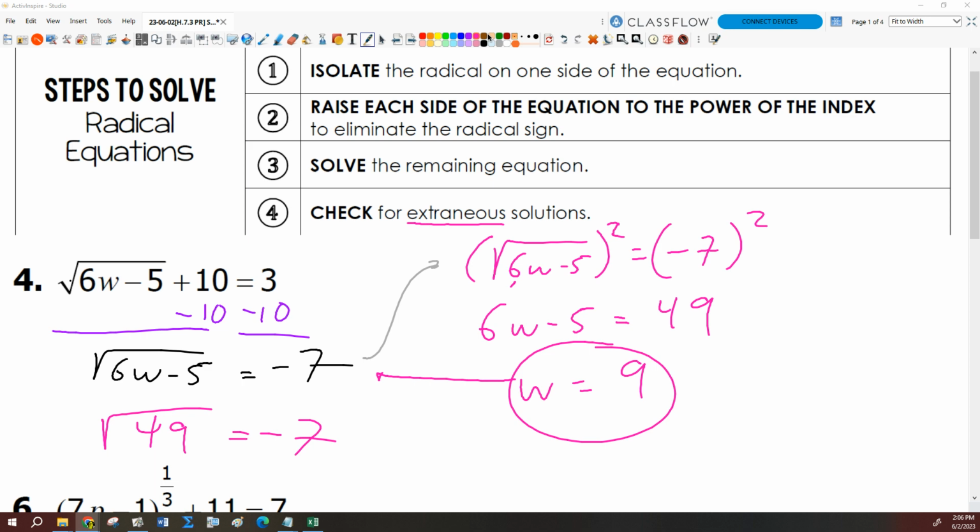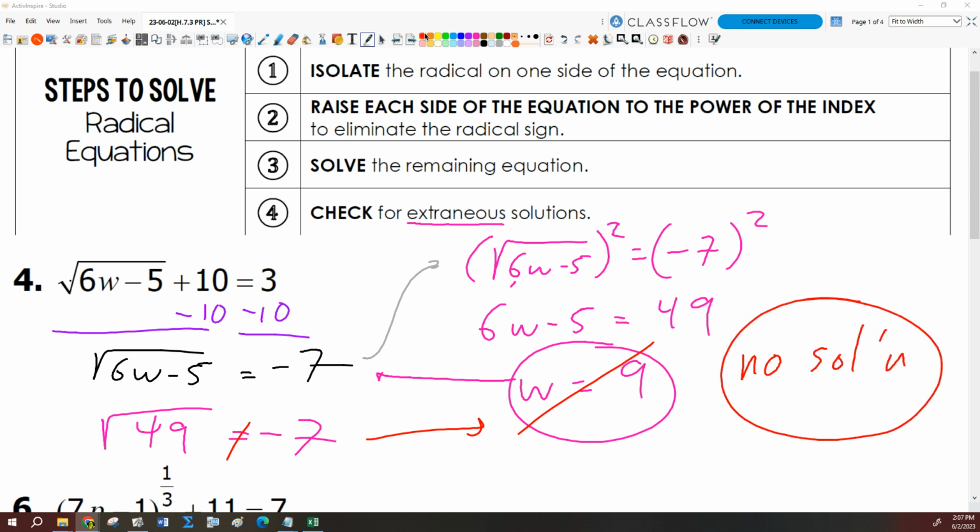Okay, so because that is not true, that tells us that that is not a valid solution. It's an extraneous solution. So what's our answer to this one? No solution, right? We only got one answer and it was extraneous. So therefore we get no solution. Okay, good. All right.